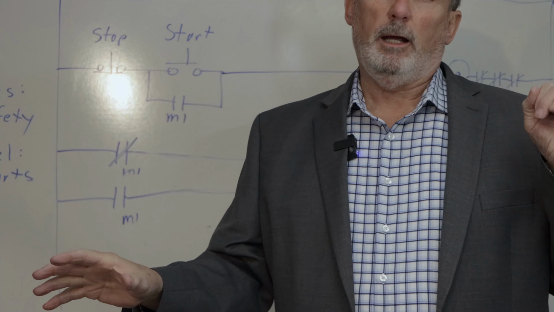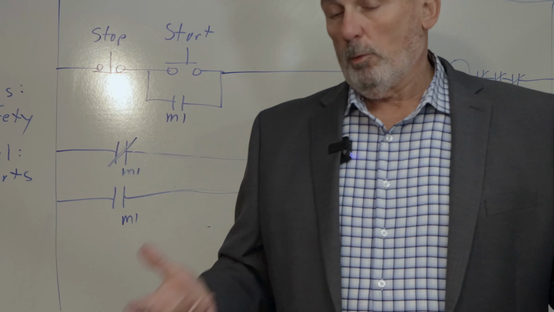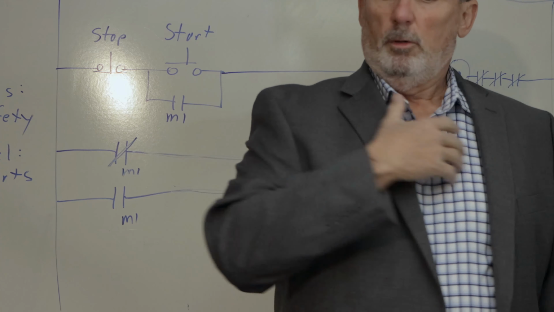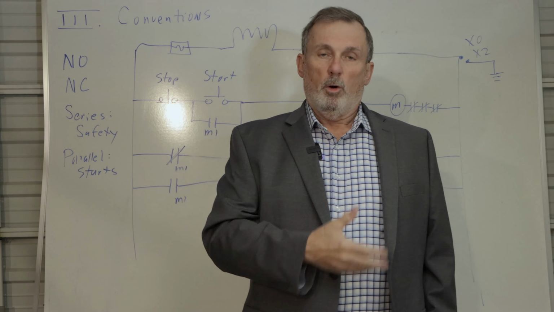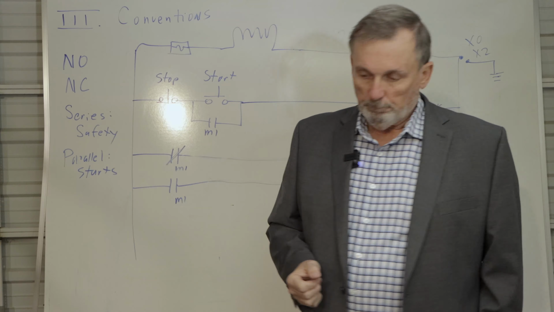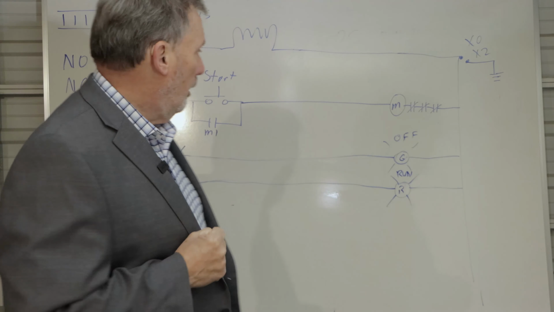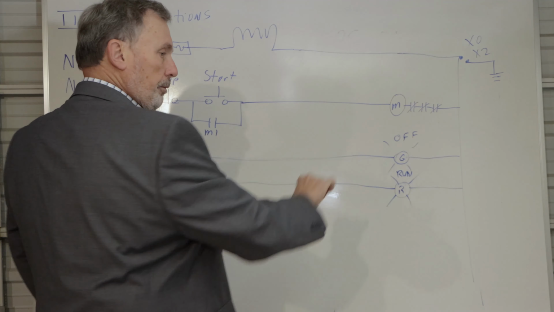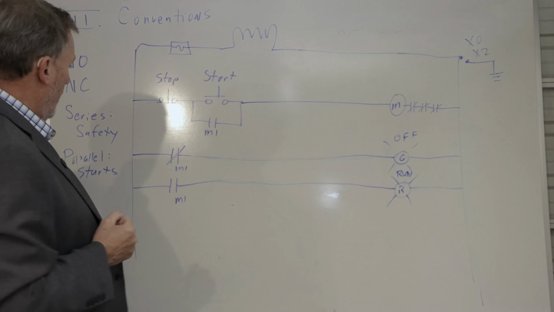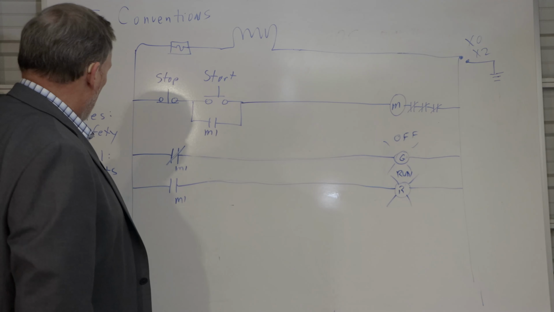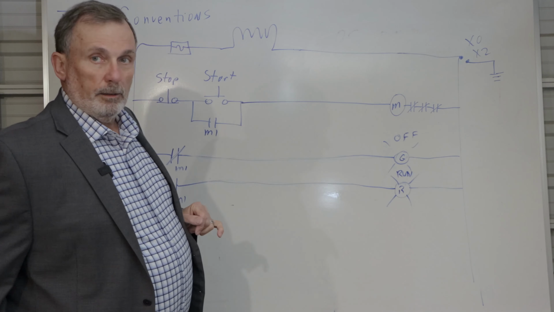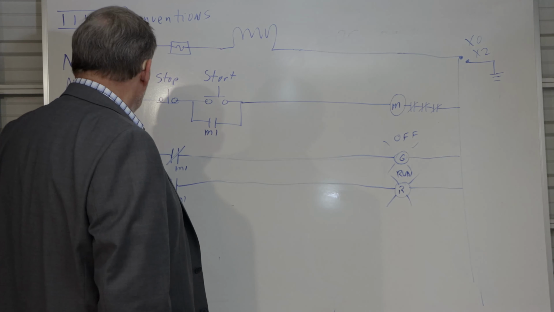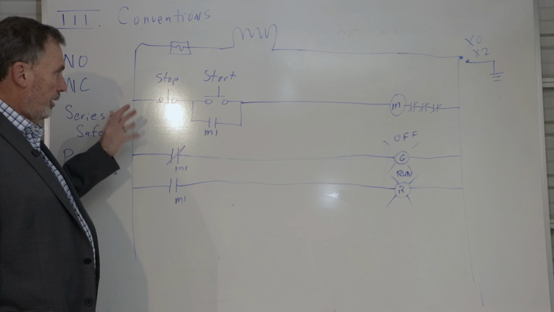Green, it's okay, the motor's not running for whatever reason. If you need to do any kind of maintenance or load product or whatever you're doing, the motor is not running. So those are two conventions for indicating lights. And I can have other indicating lights here. By putting them on a separate rung, it makes them isolated from any of the overload contacts. So that's indicating lights.